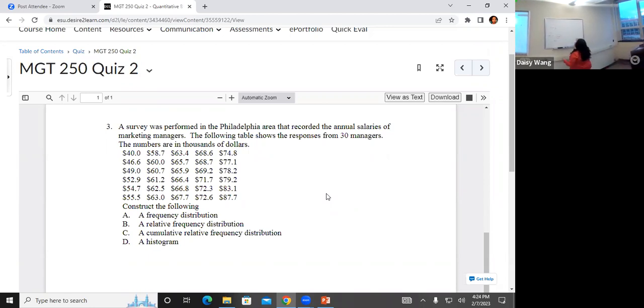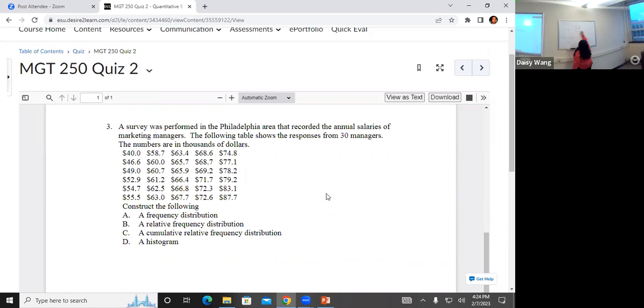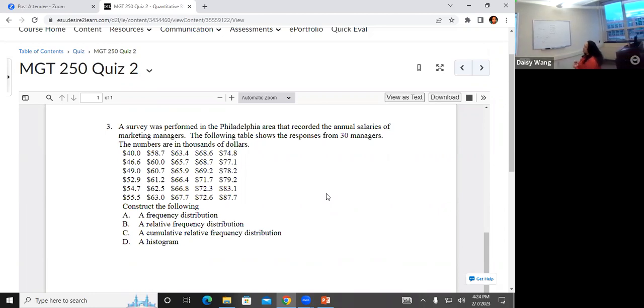Okay, so how many are between 40 and 49? 3. So we want the frequency distribution. The first one is 3. Frequency distribution. And then 50, 1, 2, 3, 4.